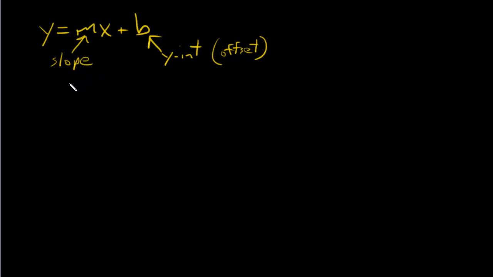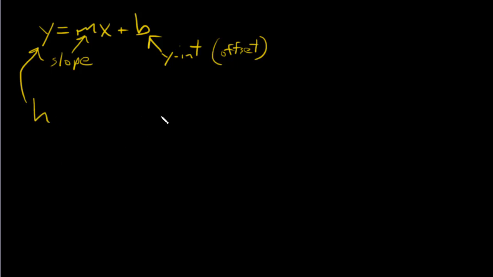So since my y is given from my x value times the slope plus my y-intercept, what I can say is that this function right here, this y, is really what my h is supposed to do.